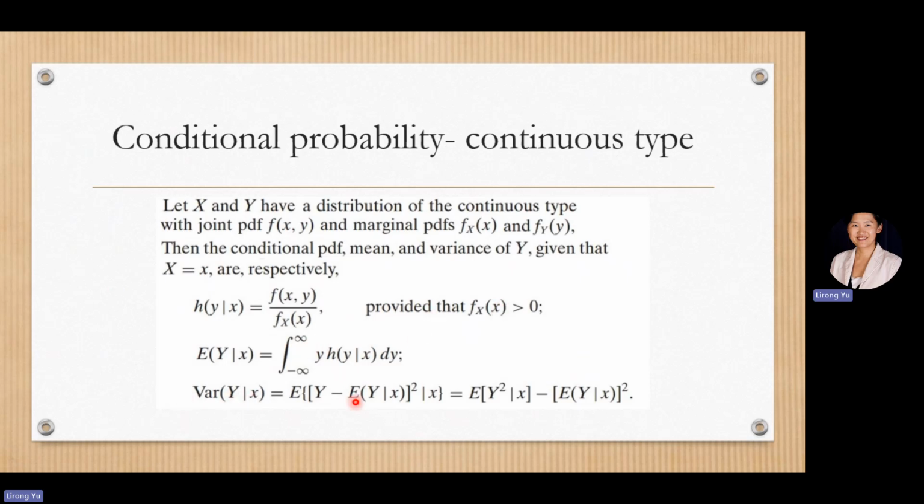The conditional variance will be the conditional expectation of (Y minus the conditional mean) squared. And same thing, you can also use the conditional expectation of Y squared minus the conditional mean squared.